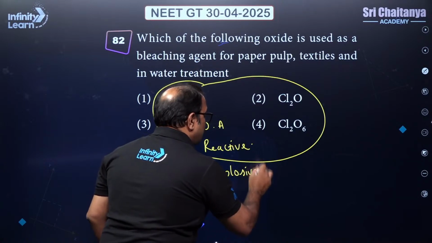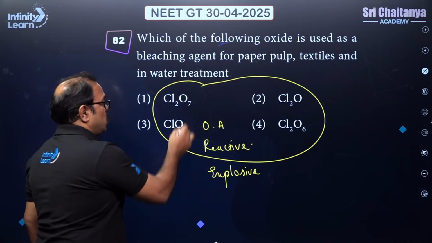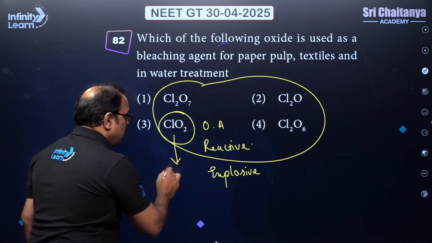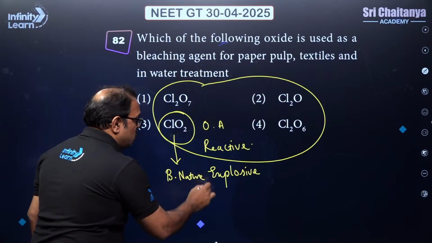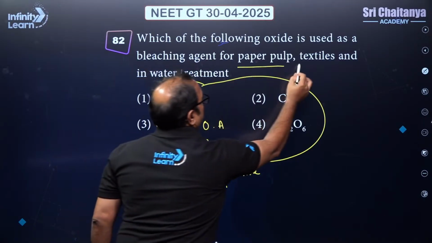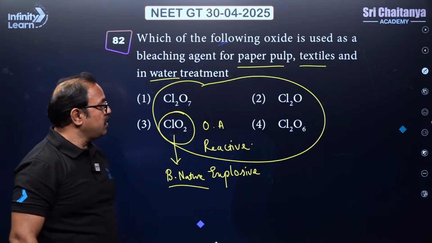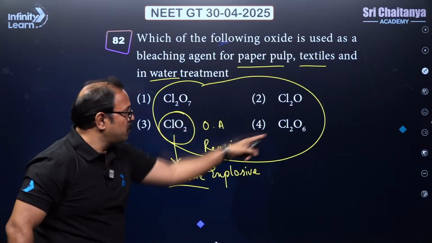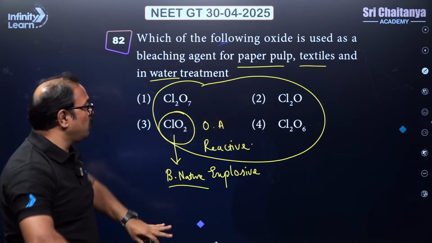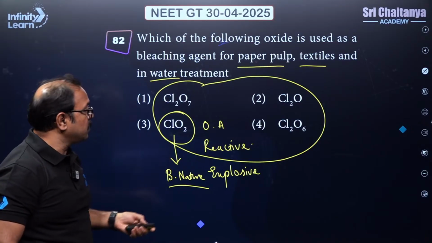Generally we come across these more in the discussion. But among these members, ClO2 has the bleaching nature, and it is used for bleaching paper, pulp, textile and water treatment, which is given in the NCERT textbook. So just see this part. Otherwise, from a logical point of view, there is nothing to evaluate from the question. You have to remember this is a purely memory based question.